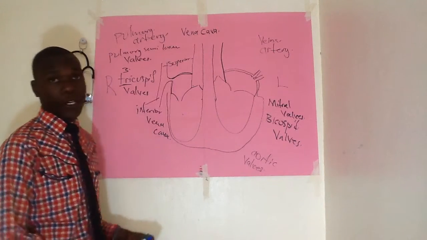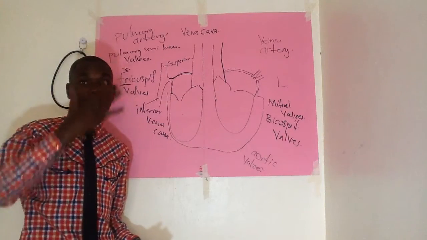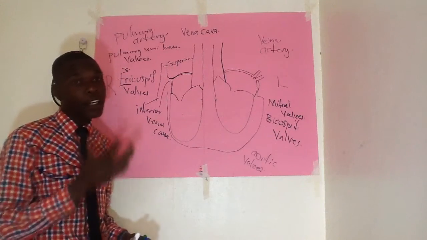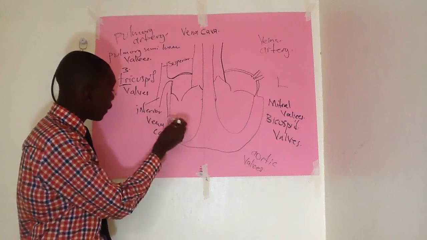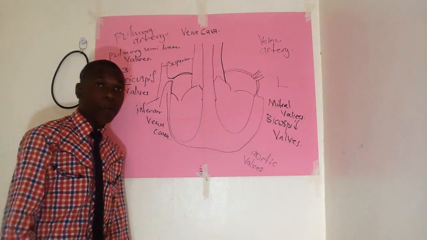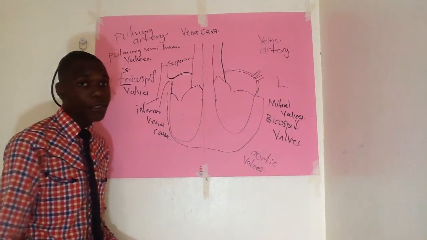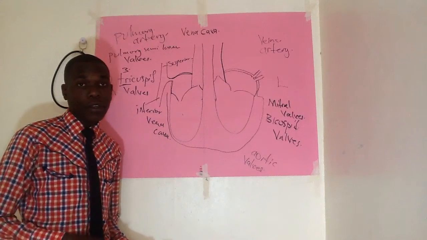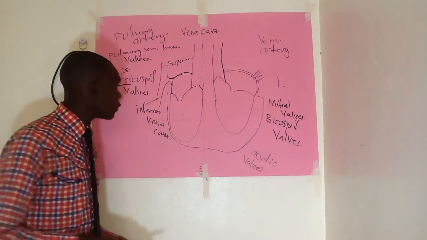Superior vena cava, returning blood from the upper part of the body, the head and the neck. Inferior vena cava, returning blood from the lower part of the body, that is the lower limbs, abdominal region, and so on.